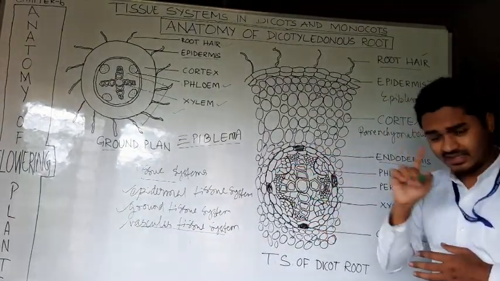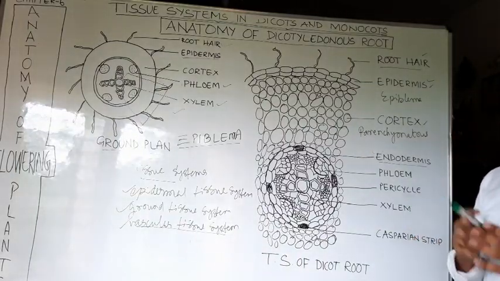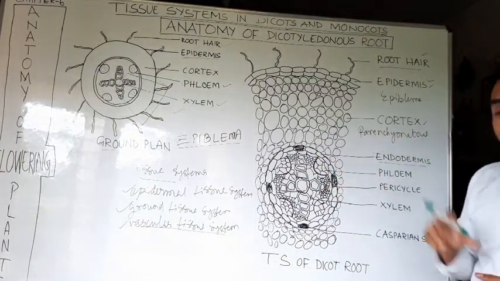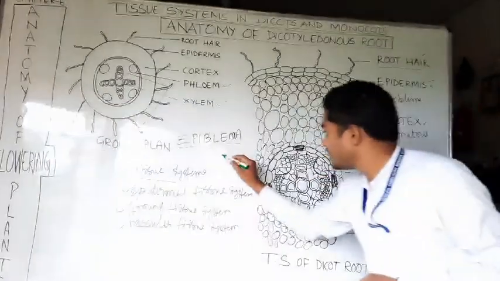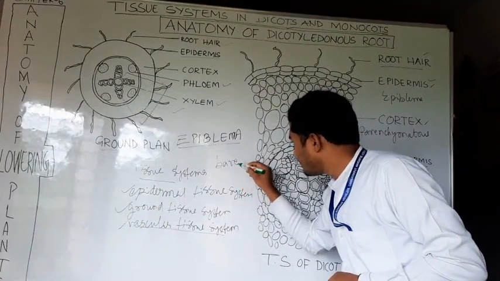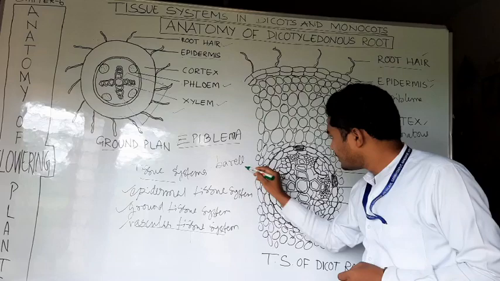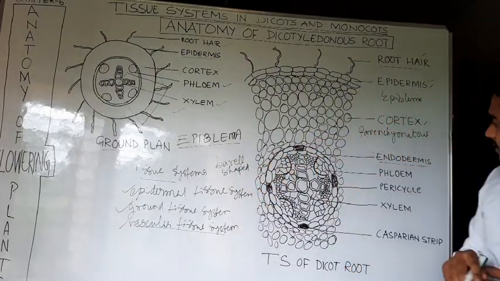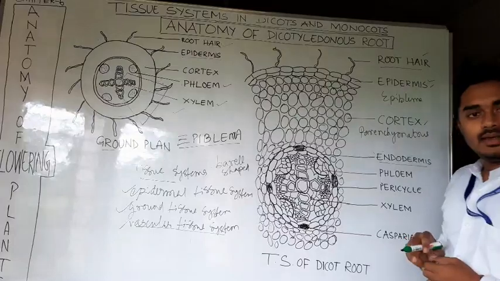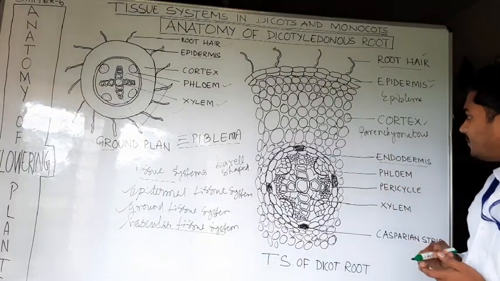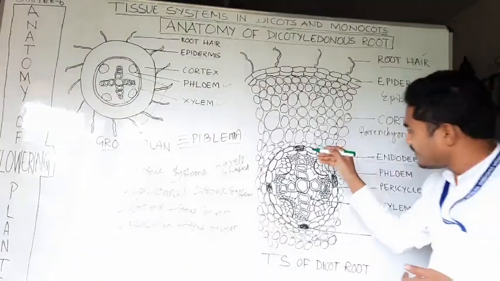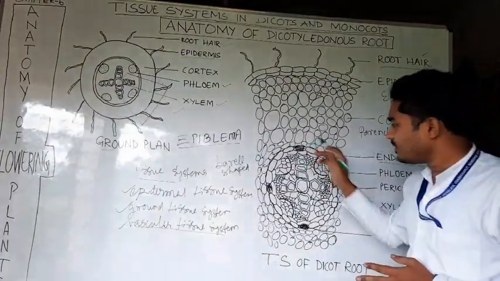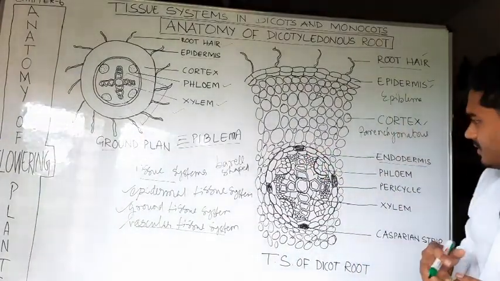These are the cells, of single cell thickness, and they look barrel shaped. So barrel shaped cells are making the endodermis, and some of the endodermal cells become suberized.